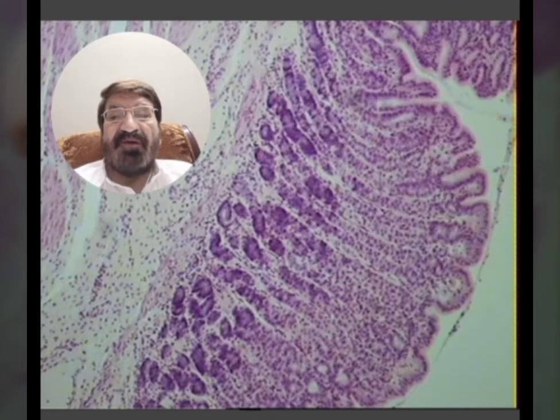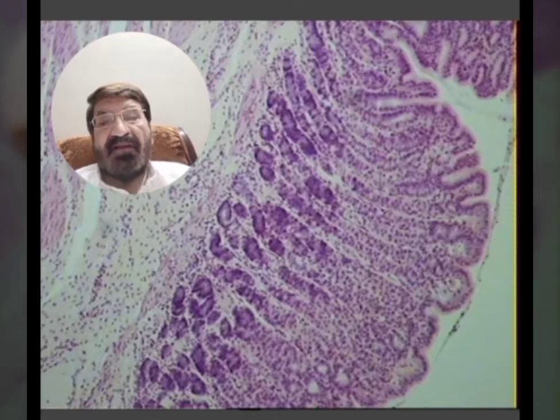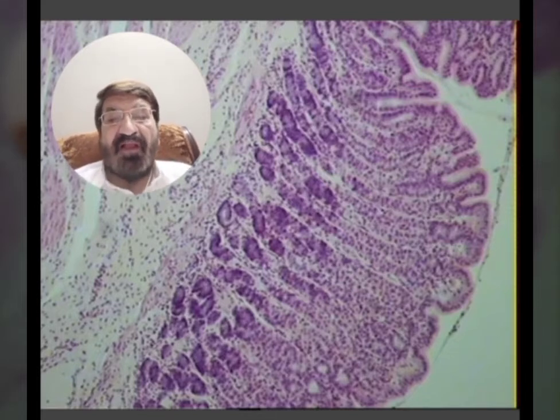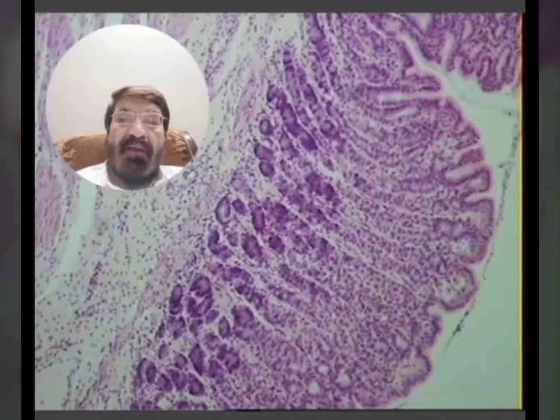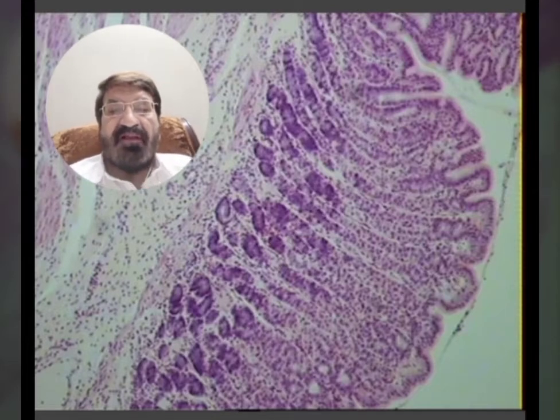to give rise to a simple tubular branched gland, and you can see these are different types of cells. In the stomach, the gastric glands have many types of cells: chief cells, parietal cells, enteroendocrine cells, mucous neck cells, and surface mucous cells.